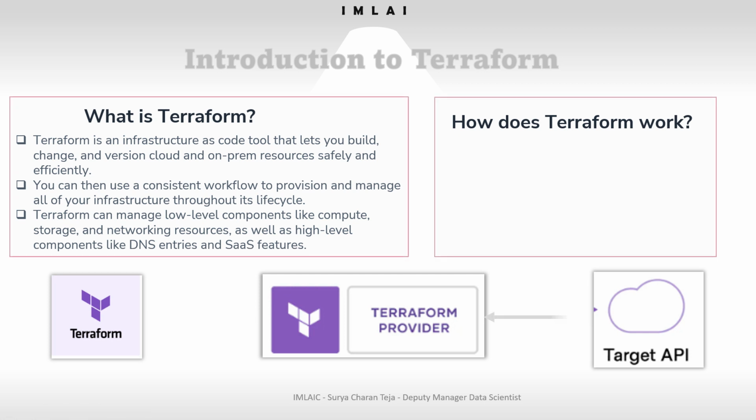Basically, a resource can be an instance or VM or could be anything. These resources you can create or manage on cloud platforms and other services, particularly cloud platforms, through the API.